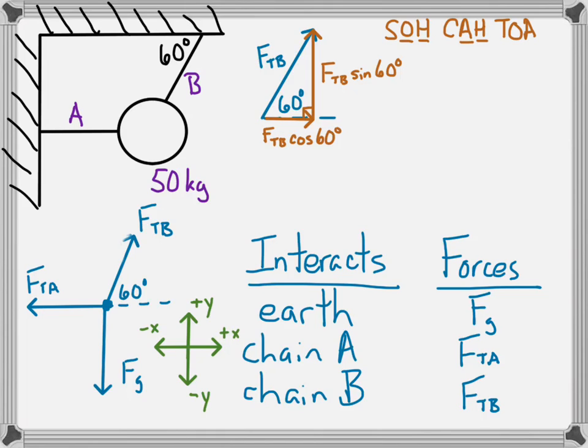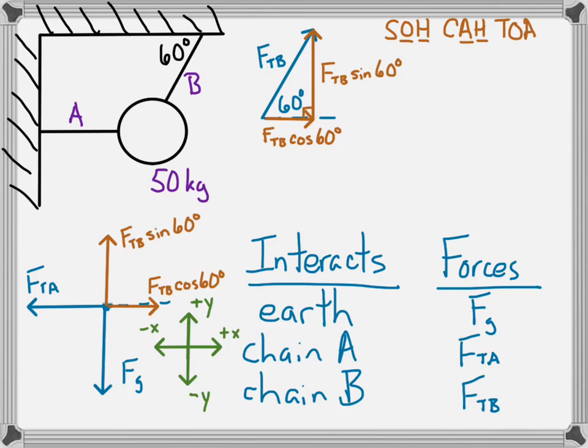Okay, let's replace this vector with its two components. So let's erase that vector and draw in this component, the x component, and let's draw in that component. You'll notice that I moved it along the axis, which is perfectly okay. That is a perfectly okay thing to do with vectors.